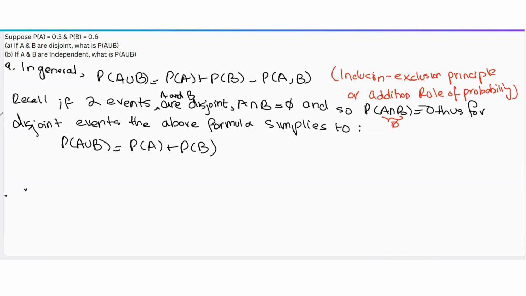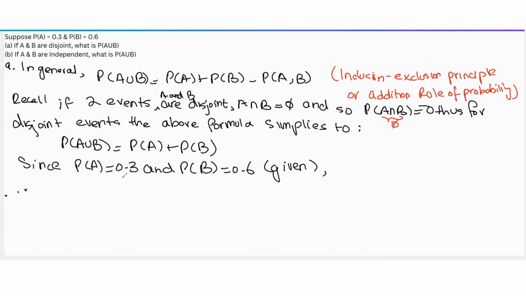Since probability of A is 0.3 and probability of B is 0.6, we're given this, so the probability of A union B is 0.3 plus 0.6, which is equal to 0.9.